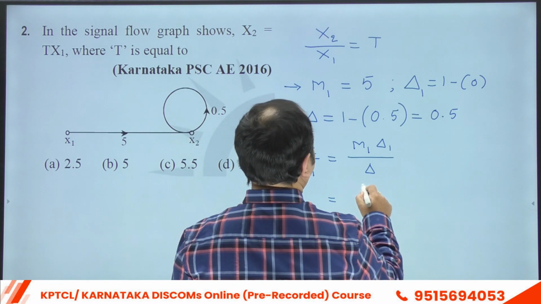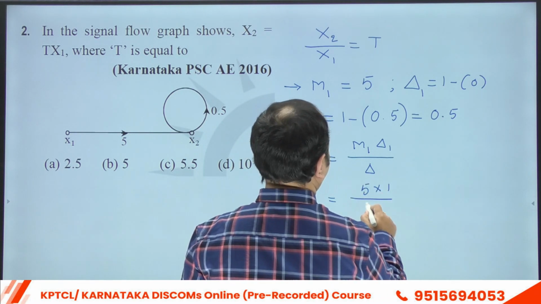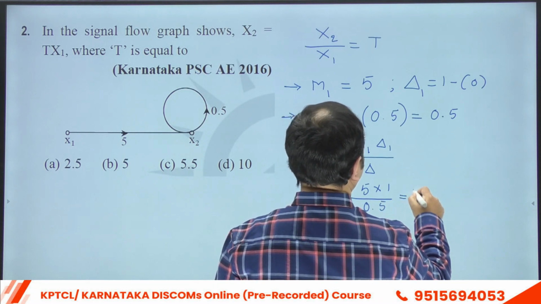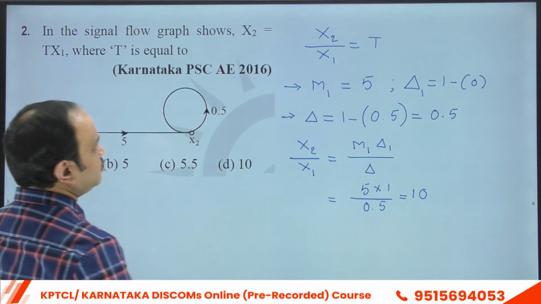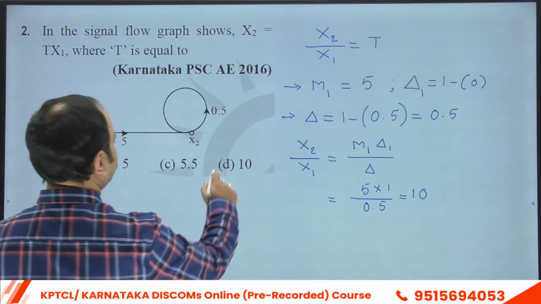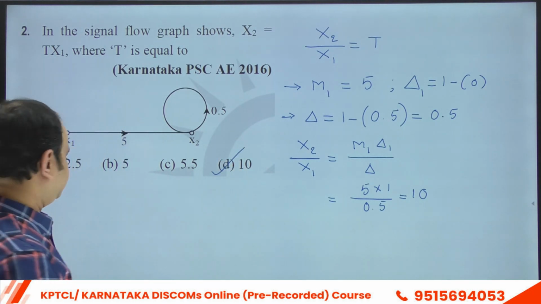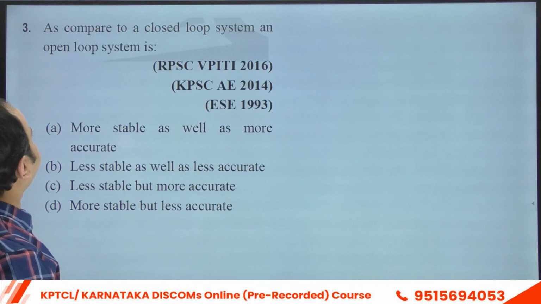Therefore this value is 5 into 1 divided by delta value 0.5. So this value is 10. Therefore what is the value of t here? That is 10. So answer is option D. Now let us move to the next question.